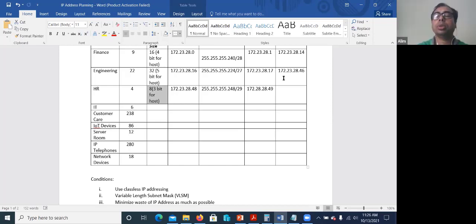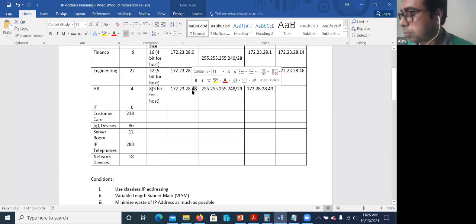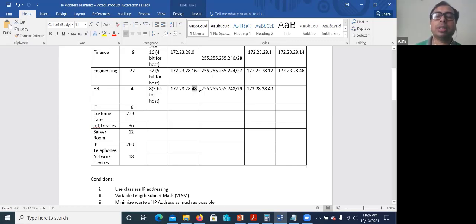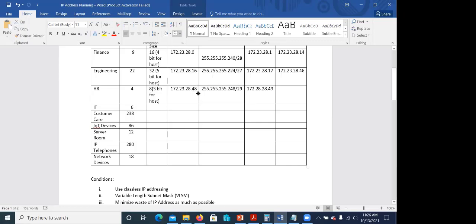Do not confuse with other things. For example, you are just adding 48 plus 8. What will be the value? 48 is the network.